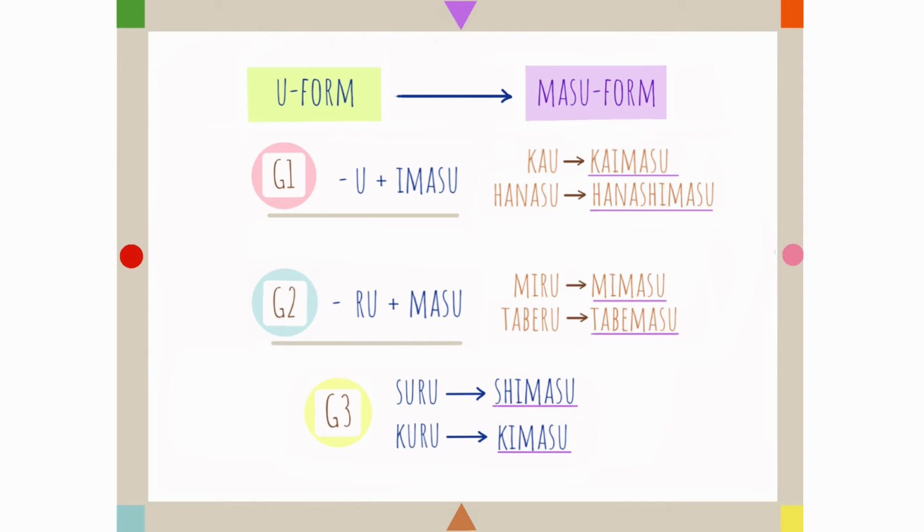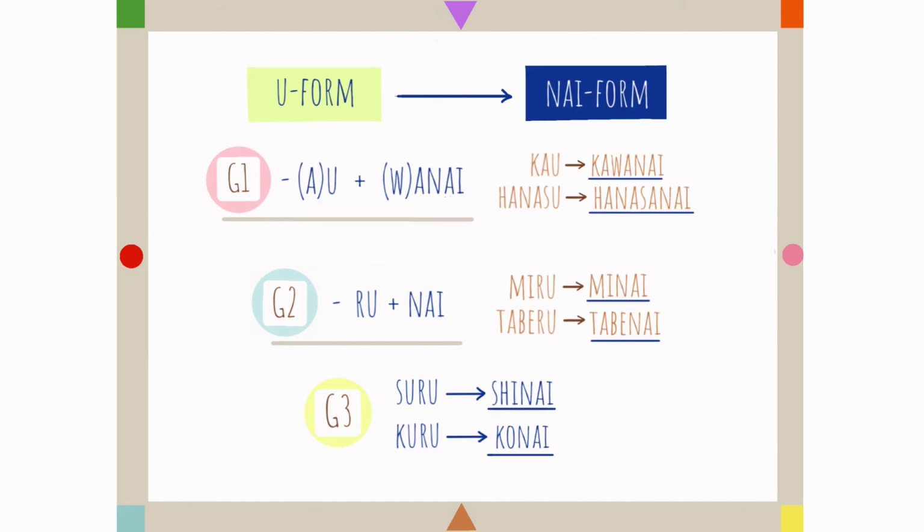And Group 3, please remember each of them. する、します。来る、来ます。There is no rule.